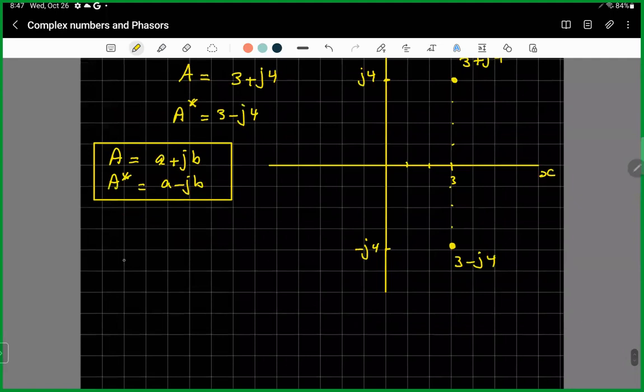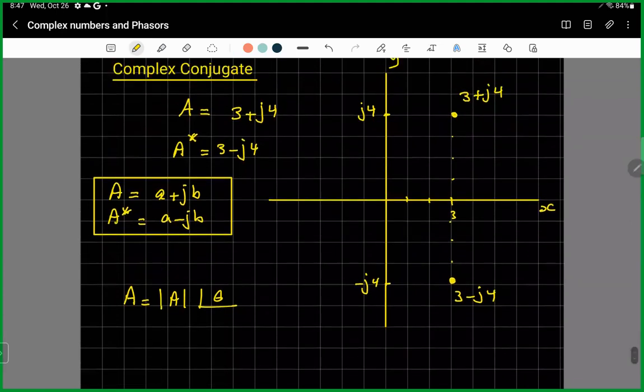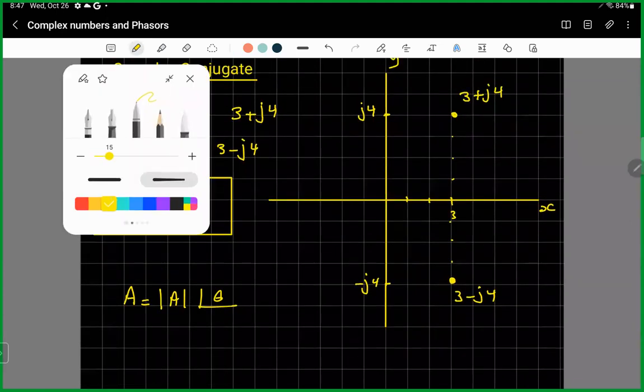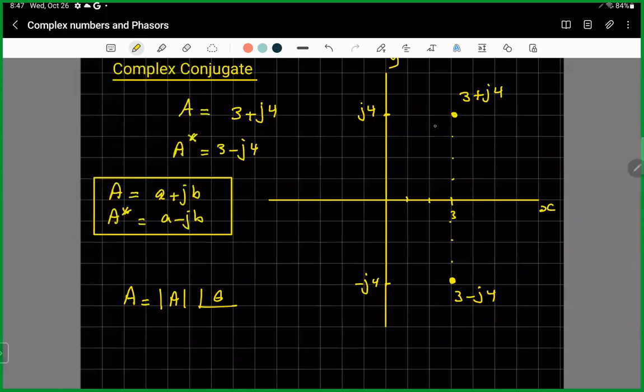Polar form, let's say that A is given as a magnitude A, angle theta. So if you do that, let me just use another color. Yes, this is the polar form. 5, and angle, I think we did before 53.1.